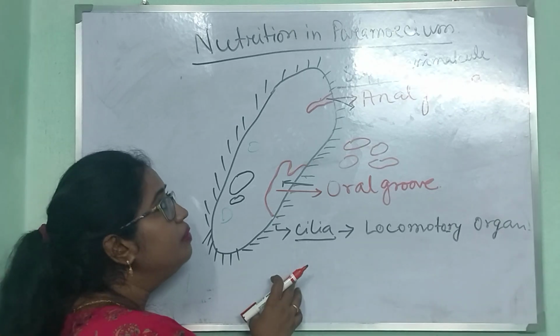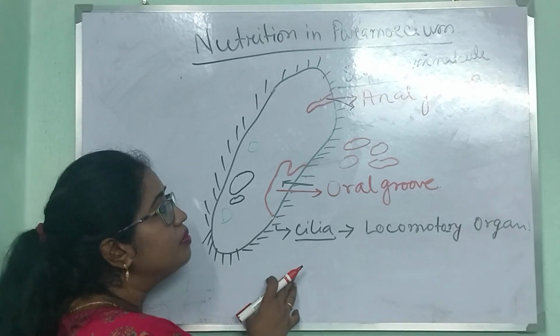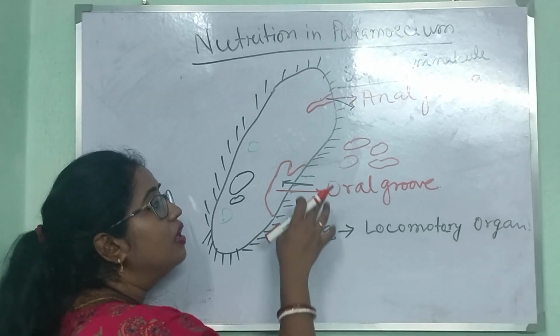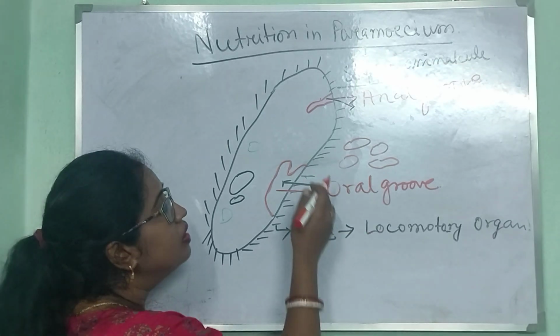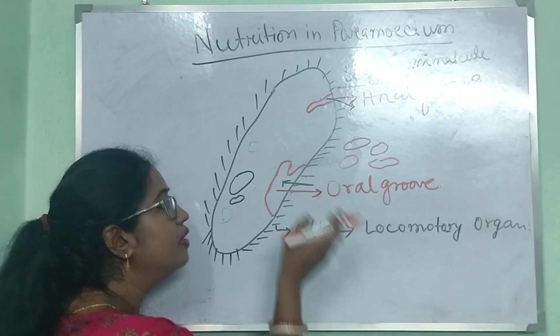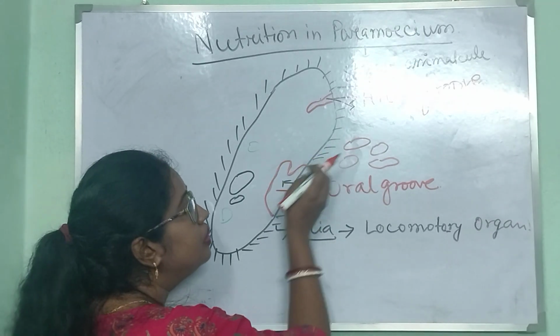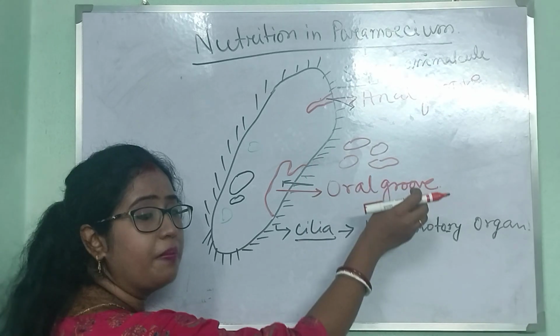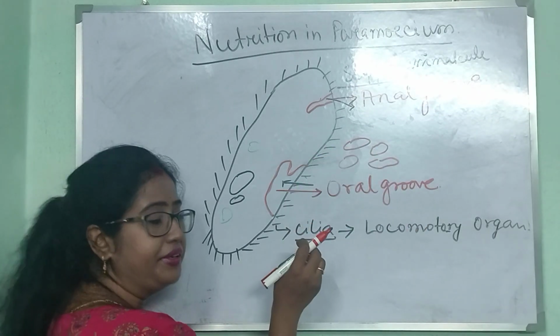So when Paramecium feels that the food is somewhere nearby, it undulates its cilia to reach the nearest part, or to reach nearby its food material.